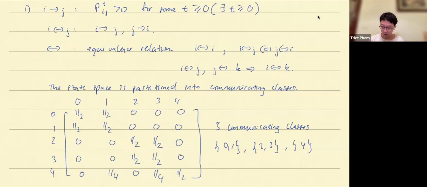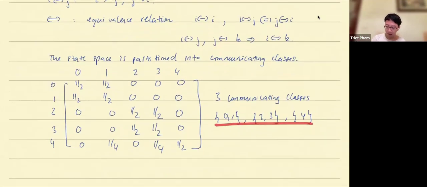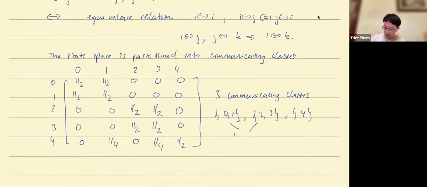Now, our next goal is to classify these classes. And if you remember, the point is that these two classes are called recurrent, and this one is called transient.